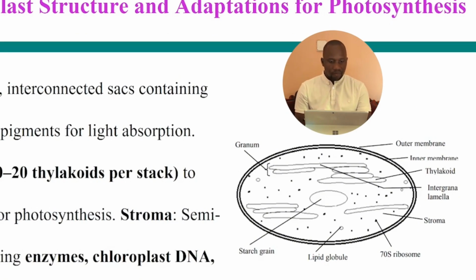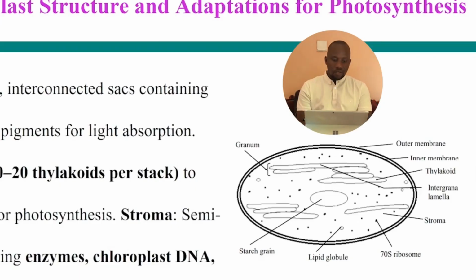So you have the thylakoid being packed into granum. This actually increases the concentration of chlorophyll. Okay, because the chlorophyll is actually on this granum. So you will have processes of photosynthesis happening on the thylakoid membrane.